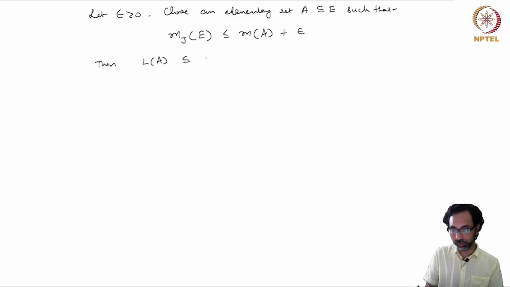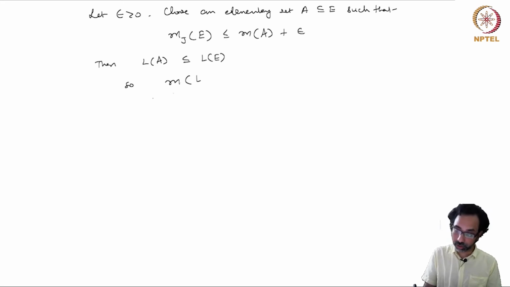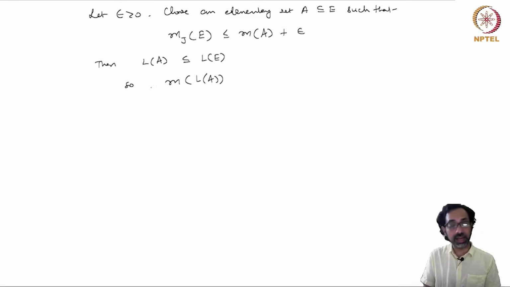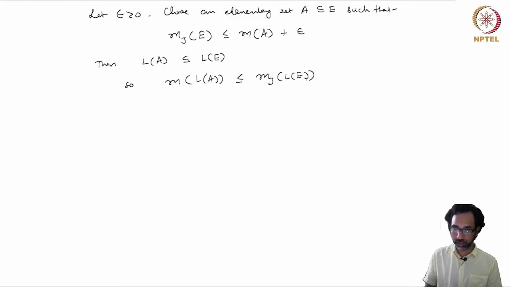Then the image of A is a subset of the image of E, and so the measure of LA is no longer elementary, so we can only talk about the Jordan measure, because it's a compact convex polytope, or a union of compact convex polytopes. Nevertheless, it is Jordan measurable, but m of LA is less than or equal to the inner Jordan measure of LE simply by monotonicity.